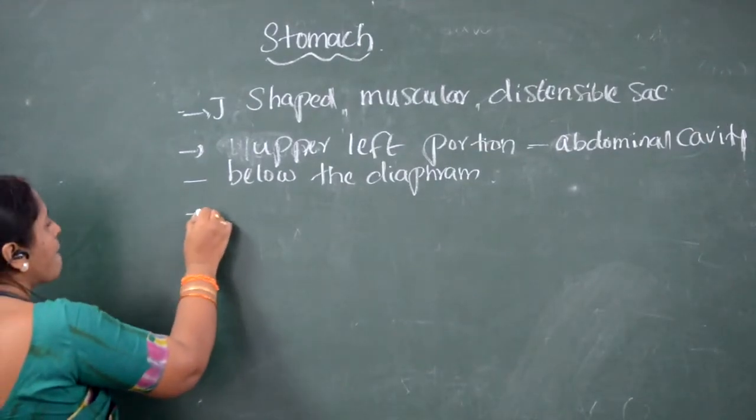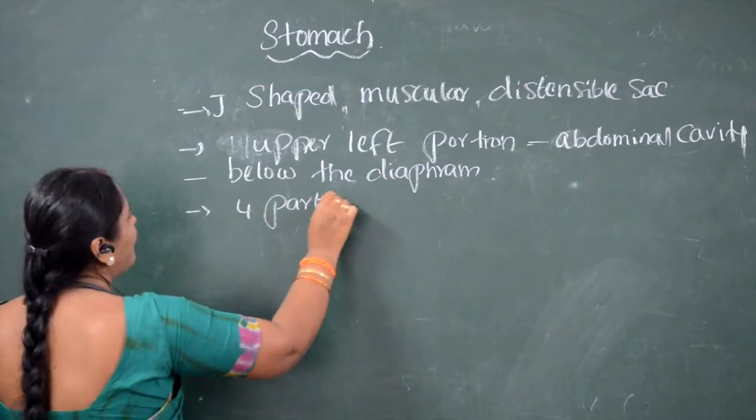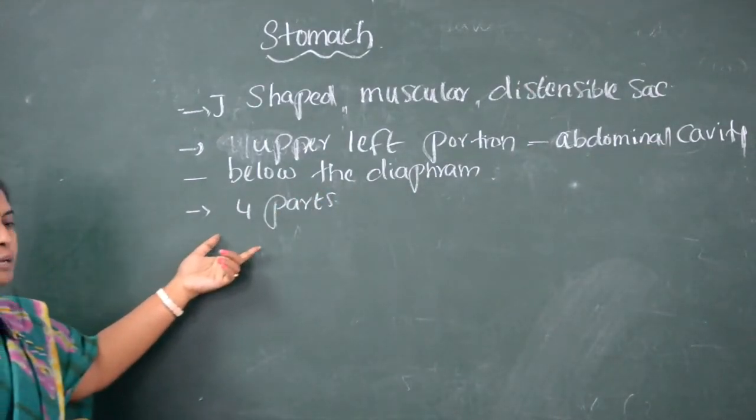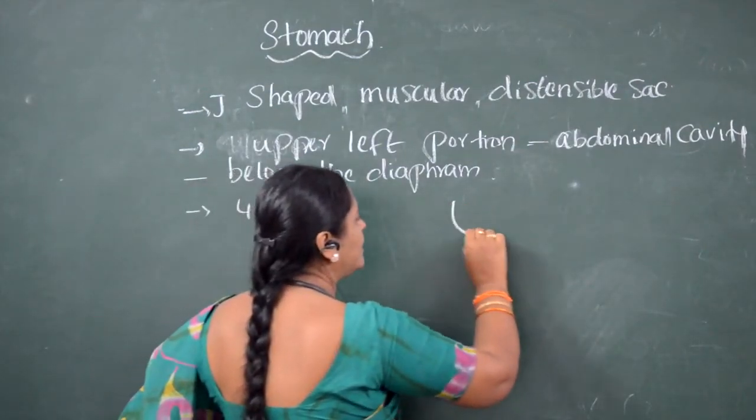There are 4 parts in the stomach. What are the 4 parts present in the stomach?